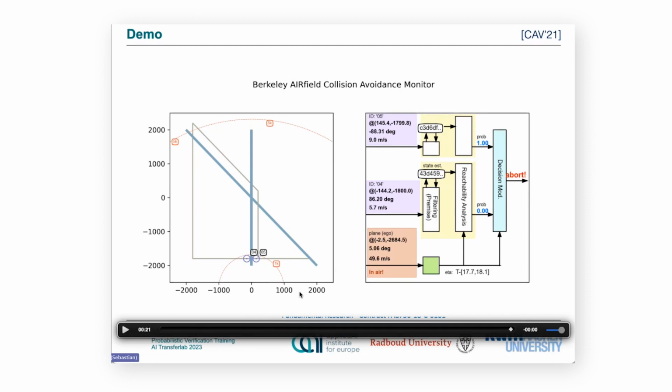But now at this point in time, we can see that this vehicle has slowed down significantly. Based on the model and the information that we have, we can say that within 17 seconds, this vehicle is not going to enter the airstrip. So here the probability is actually not zero, but very close to zero. On the other hand, this vehicle has not slowed down.